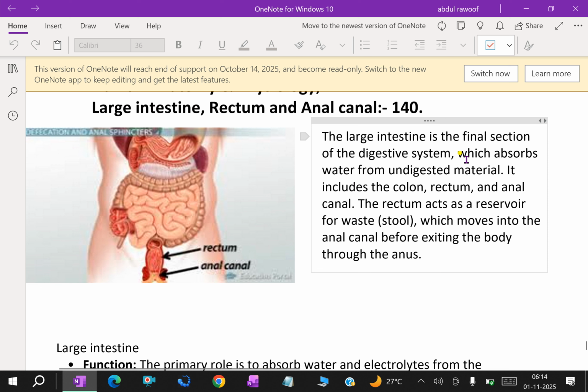The large intestine is the final section of the digestive system, which absorbs water from undigested materials. It includes the colon, rectum, and anal canal. The rectum acts as a reservoir of waste, that is stool, which moves into the anal canal before exiting the body through the anus.